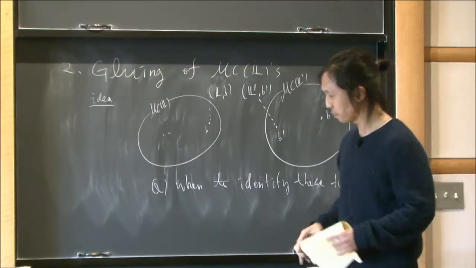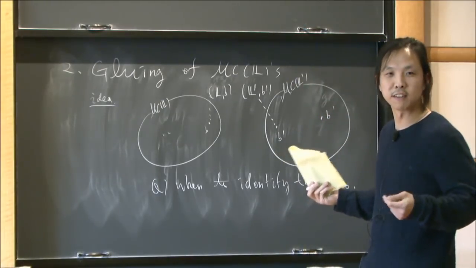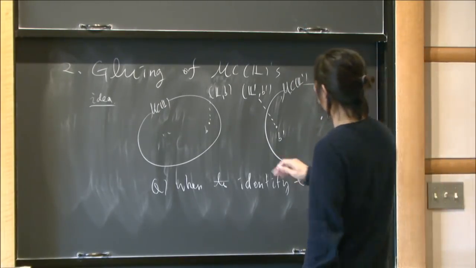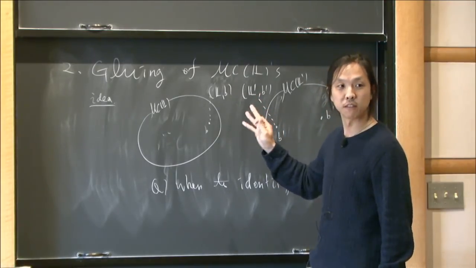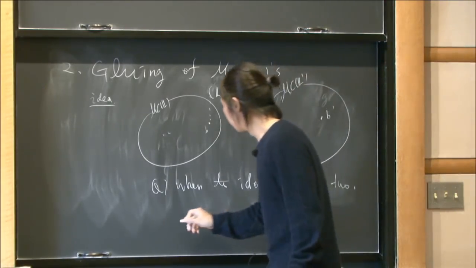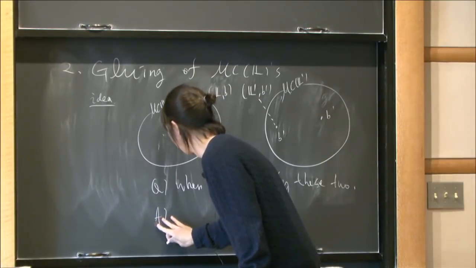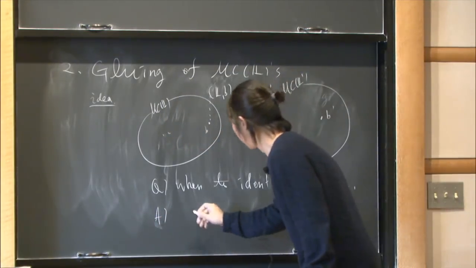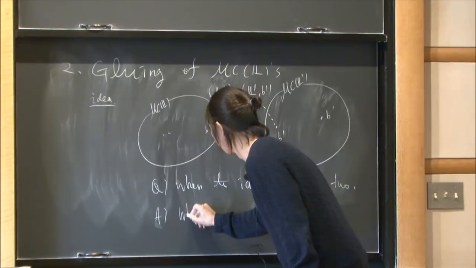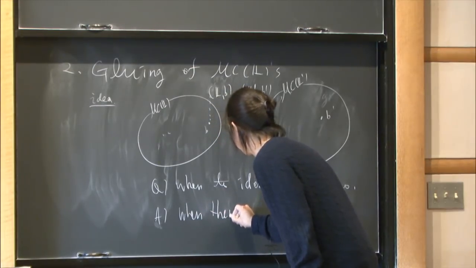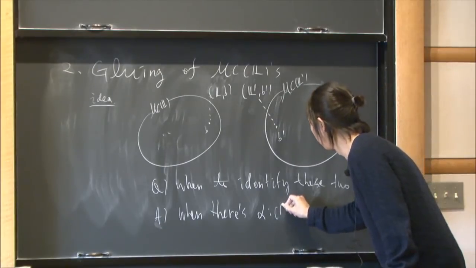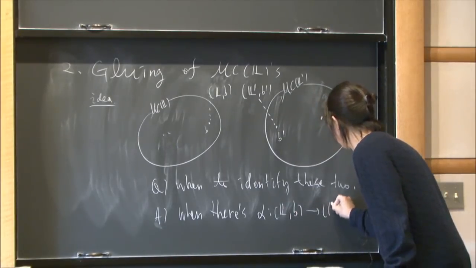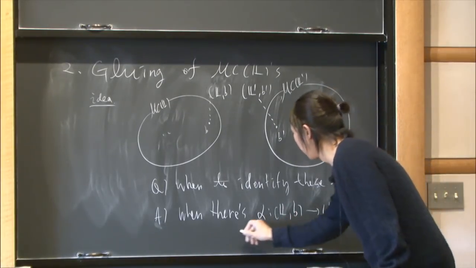Now we are in the Fukaya category, right? So the most natural way to identify these two is to find an isomorphism between these two objects in the Fukaya category. So the rough answer is when there's an isomorphism alpha from, let's say, L_B to L prime B prime in the Fukaya category.